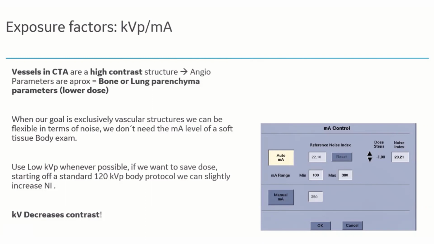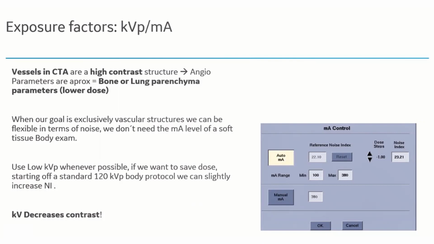So if you need to reduce the dose, you must increase the noise. You go through those dose steps, and we can reduce the dose with modulation, increasing the noise. And if you need a better image quality, you can decrease the noise index by increasing the dose steps.